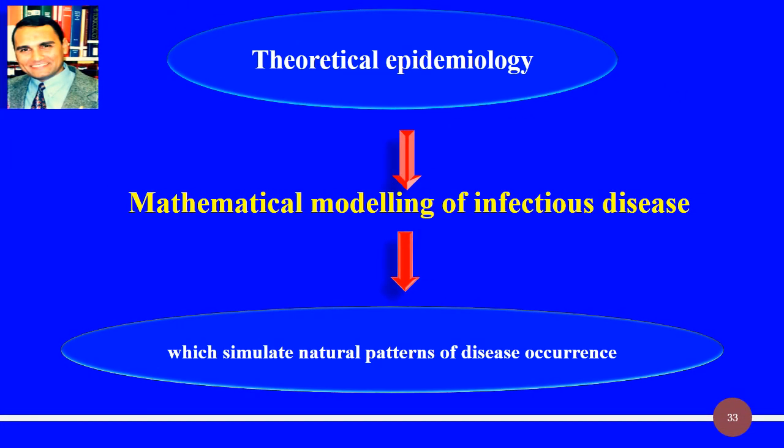Theoretical epidemiology, or mathematical modeling of any infectious disease, works by simulating the natural pattern of disease occurrence. This can project how an infectious disease progresses to show the likely outcome of an epidemic and help inform veterinary authorities or public health authorities about intervention.